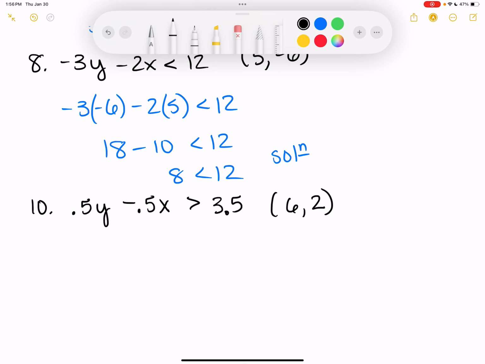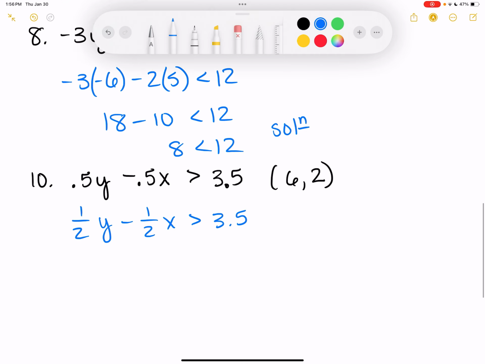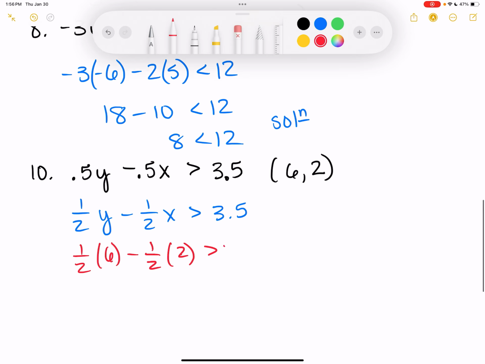Because when I do that, let me rewrite it. I can then plug these numbers in, and because they're even, things are going to cancel and just make my life easier, in my opinion. It's up to you. So, plugging in the numbers, 1/2 times 6 minus 1/2 times 2 is greater than 3.5.